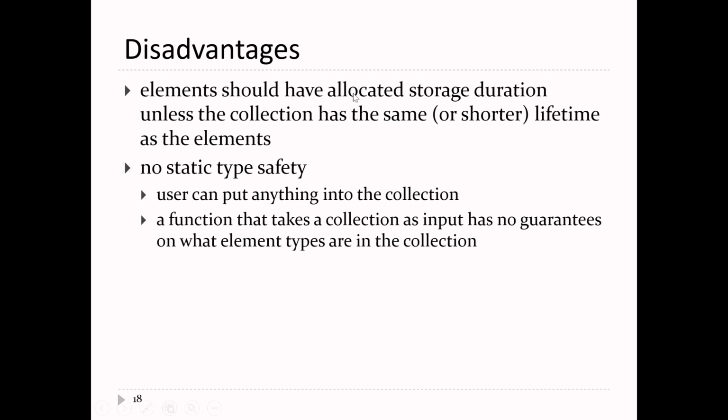Now, why is that true? Because if they don't, say you write a function, and inside the function you've got a bunch of int variables: int A, int B, int C, int D. You make a stack inside that function, where for the elements you're passing in pointers to your local variables A, B, C, D, and E. You then return the stack back to the caller.